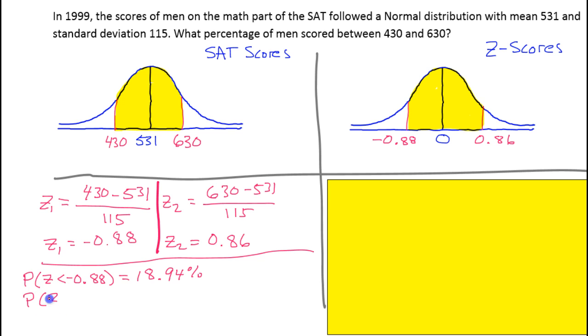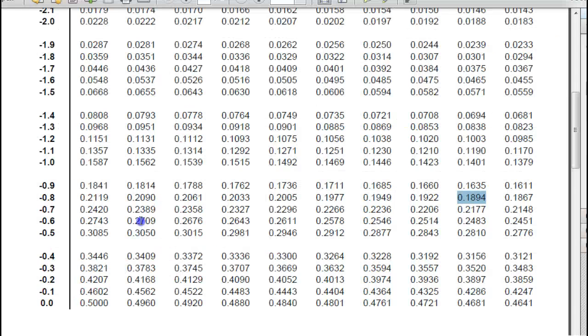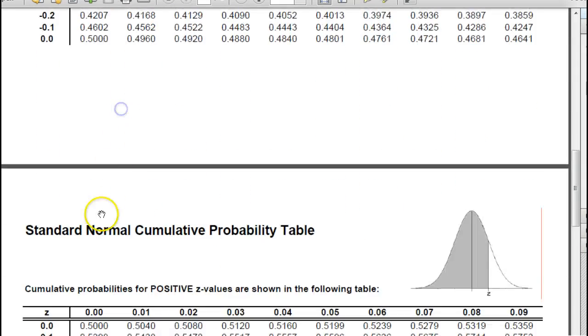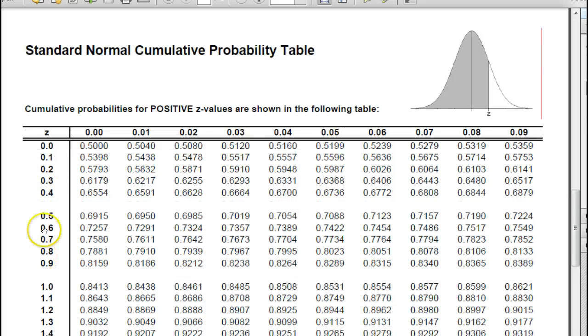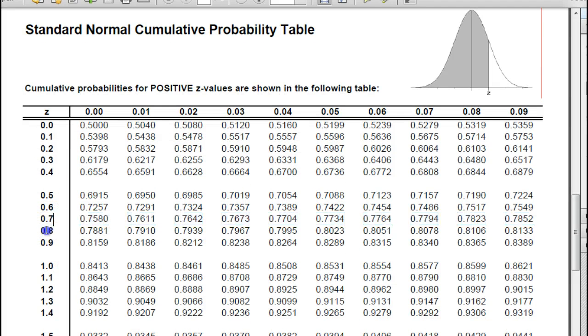The percentage of z-scores to the left of 0.86. Let's see, 0.86. So it's positive. So here's positive 0, positive 0.8. It's right here. And this is 0, 1, 2, 3, 4, 5, 6.